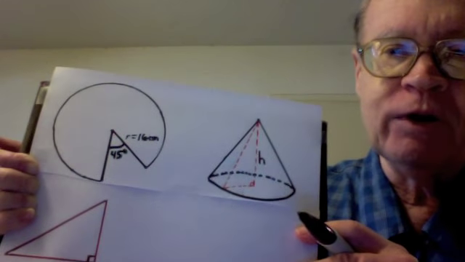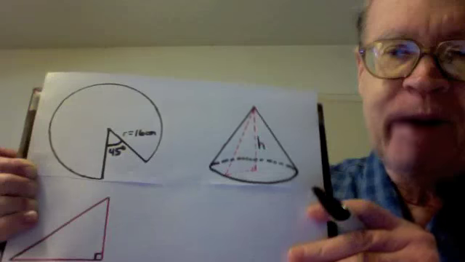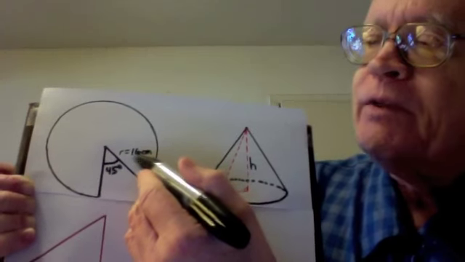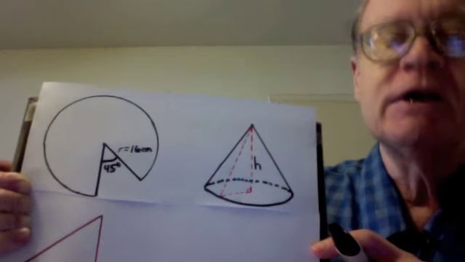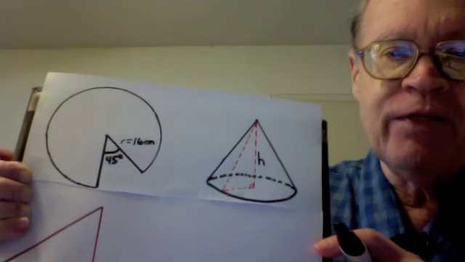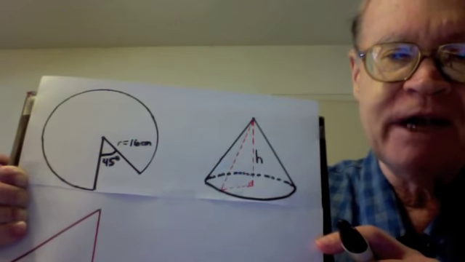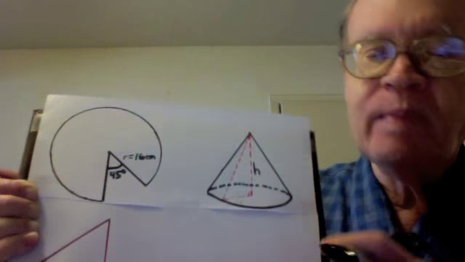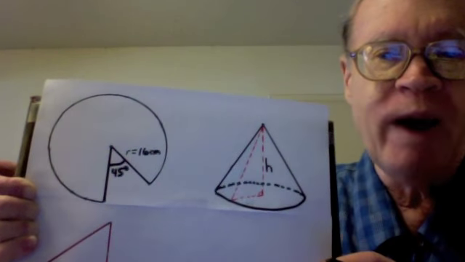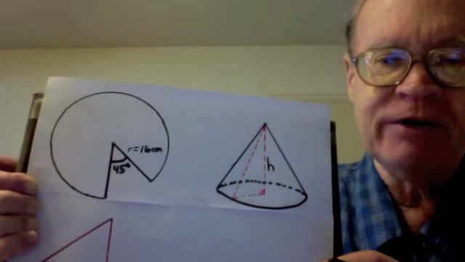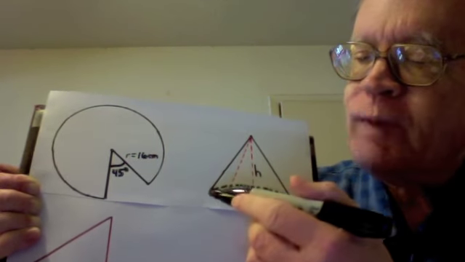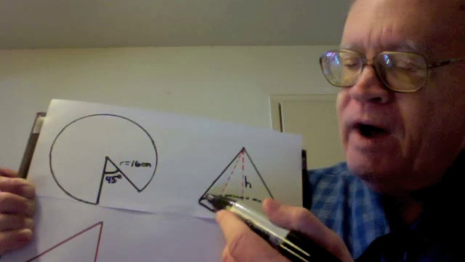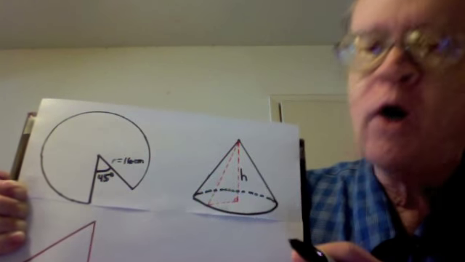Now the complete circle would be given by the formula circumference equals 2 pi times the radius. The radius is 16 centimeters, so the complete circle would be 32 pi centimeters. This is 7/8 of that, which is 28 pi centimeters. So that 28 pi centimeters is the circumference of the base of the cone.